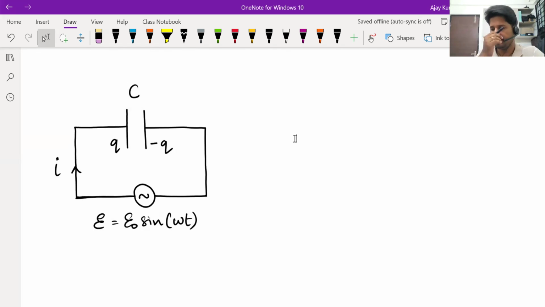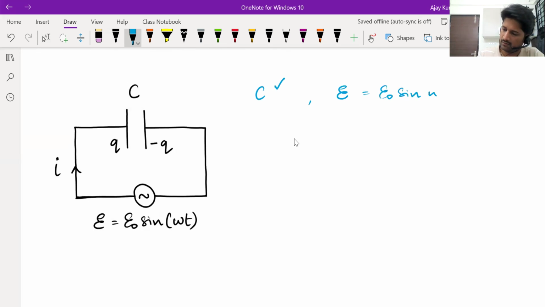How can we derive current in this loop as a function of time? Think of what we know. We know the capacitance and we know the voltage applied across the capacitor. How to get the current equation from these?